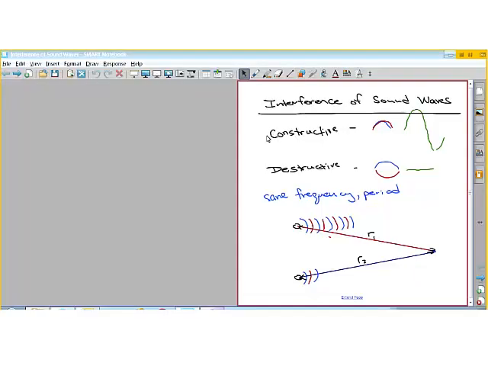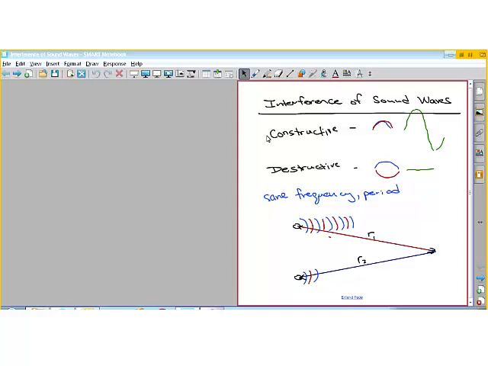Okay, now we're going to talk about interference of sound waves. So like with any wave, you could have constructive or destructive interference. Specifically, we're talking about two sources that have the same frequency.